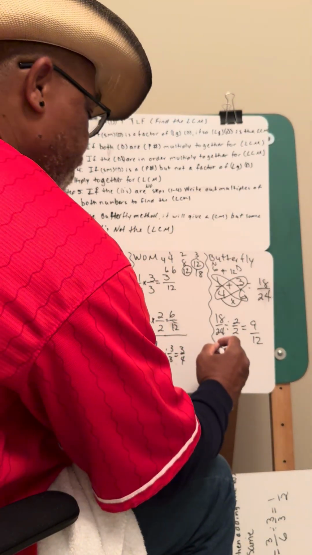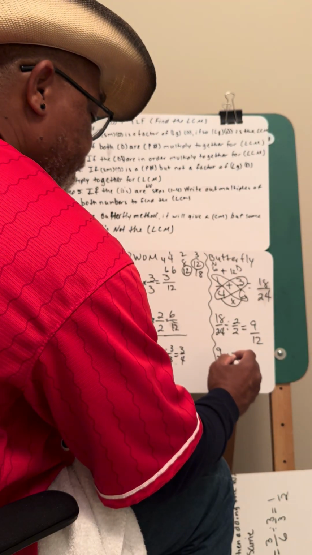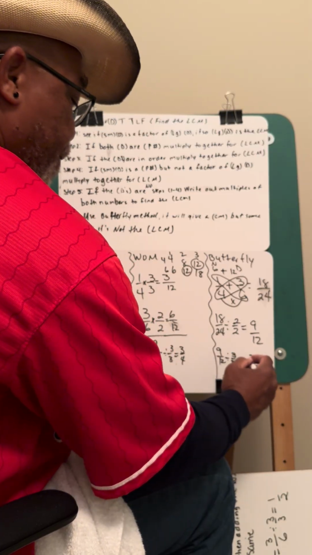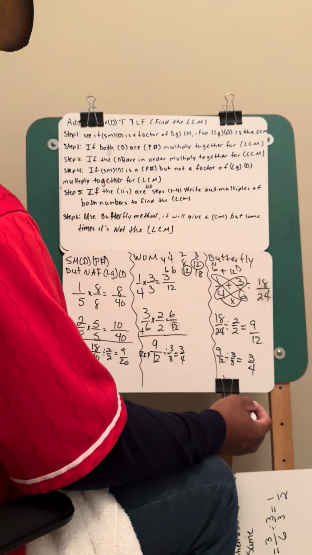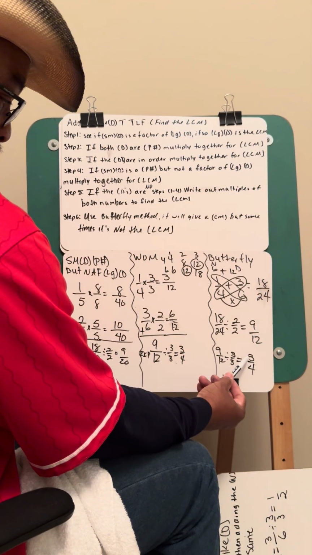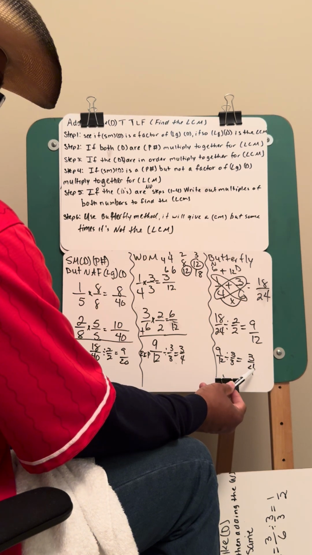This can still be reduced by 3. 9 divided by 3 is 3. 12 divided by 3 is 4. I can stop reducing for one or two reasons. 3 is a prime number and not a factor of 4, or 3 and 4 are in order.